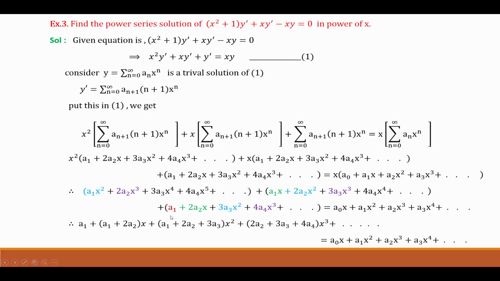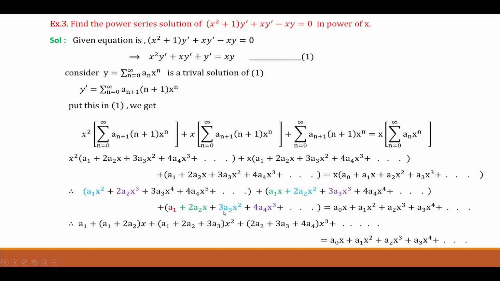a1 is a single term. Write down the terms in this way: first a1, then the terms of x containing two terms, a1x and 2a2x, x common, inside the bracket a1 plus 2a2 into x. Then the terms of x square, the blue color terms a1x square, 2a2x square and 3a3x square.